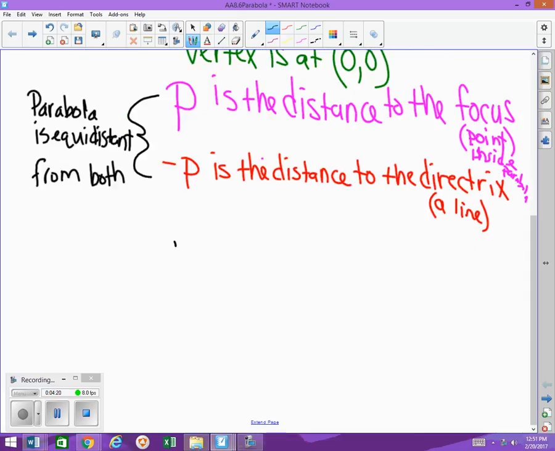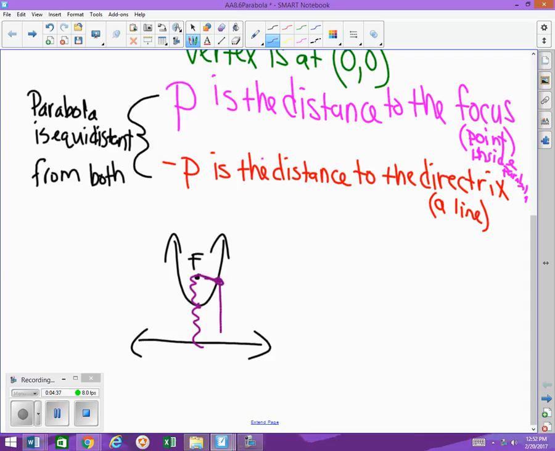So say you have your parabola, the focus point is here, the directrix is there, and no matter where you're at on the parabola, say right here, this distance and that distance are the same. If you're over here, that distance and this distance are also the same. My drawing isn't perfect here, but that's the whole idea of where the focus and the directrix are located. No matter where you go on the parabola, it's going to be the same distance.